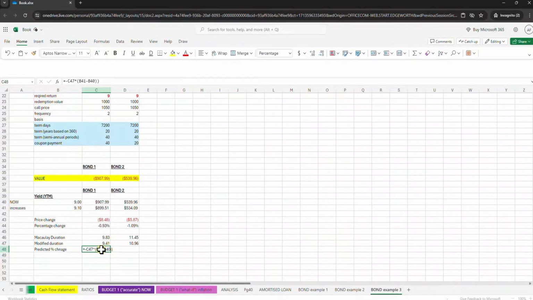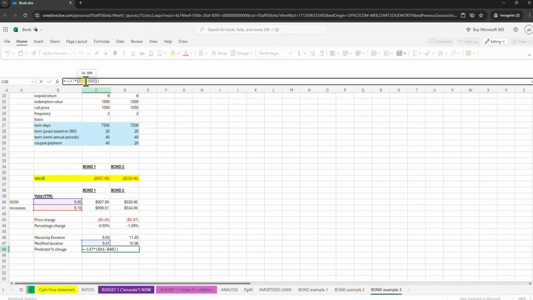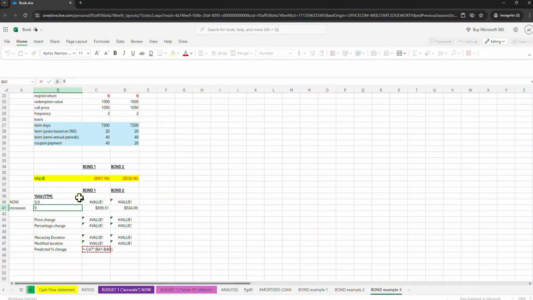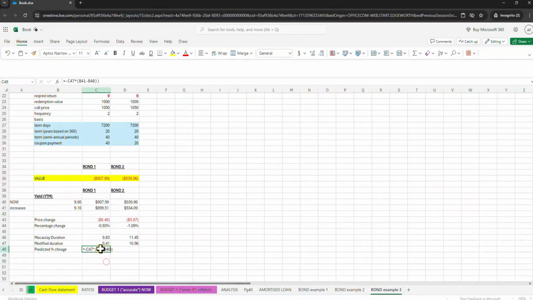Did that work? Maybe it doesn't like those numbers. It's not a percentage, so let's make this divide by 100. I think this is a comma. 9, 0. No, that can't be it. The formatting is fine. It just doesn't like the formula.